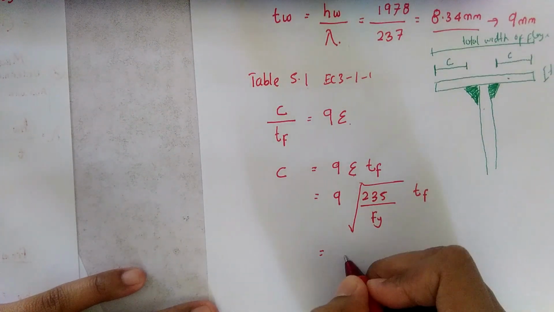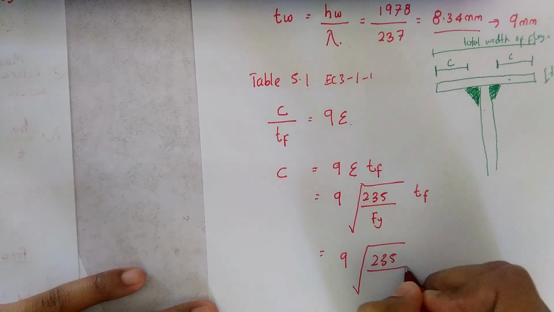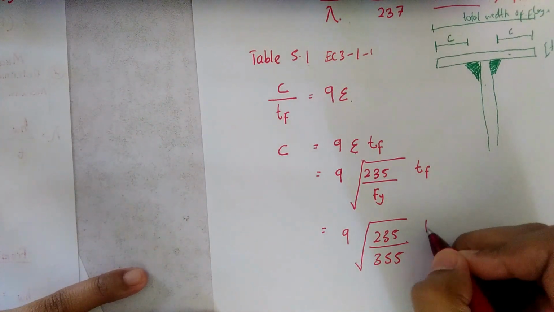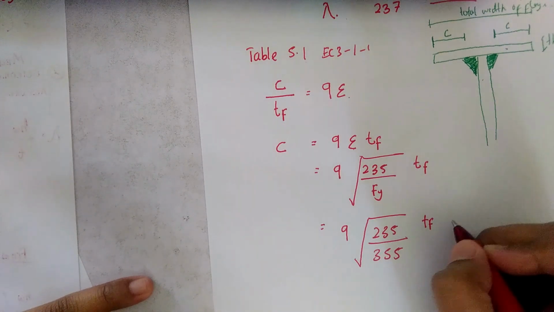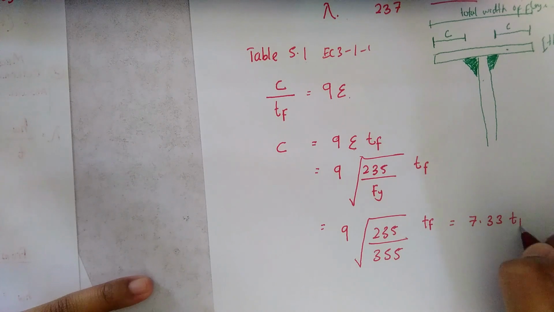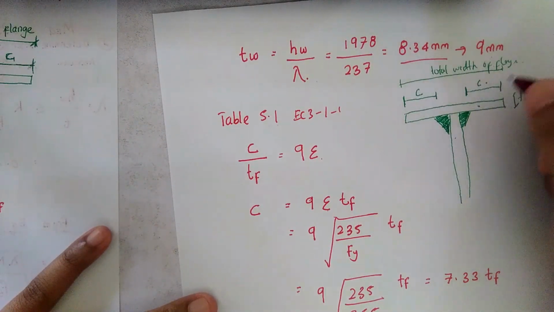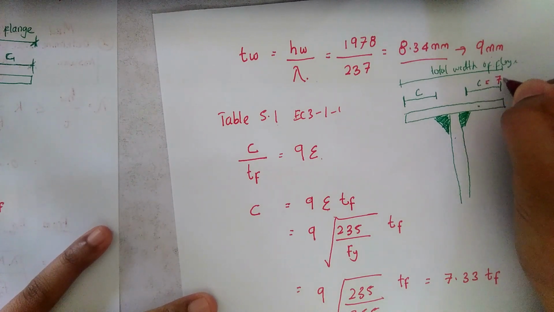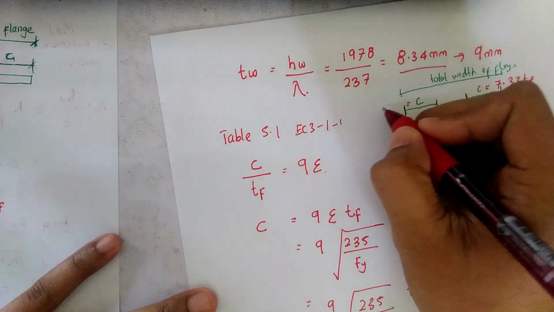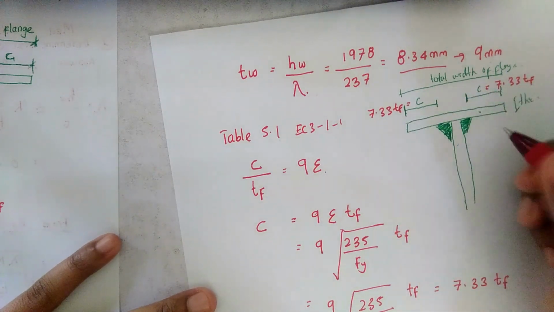So here you have 9 times 235 over 355, times the thickness of flange. Finally you will get 7.33 TF. So now you know your C is equivalent to 7.33 TF, and here also is equivalent to 7.33 TF.